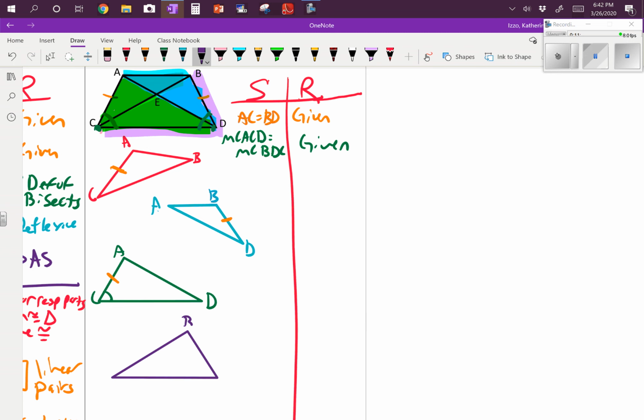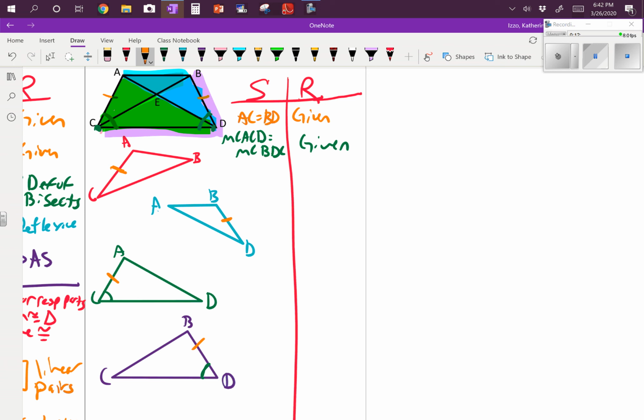This one's BCD. So we're going to put the green angle in, and we're going to put in that orange side. Okay. Well, the pink triangle and the blue triangle only have one side, so we're not proving the pink and the blue triangle yet.